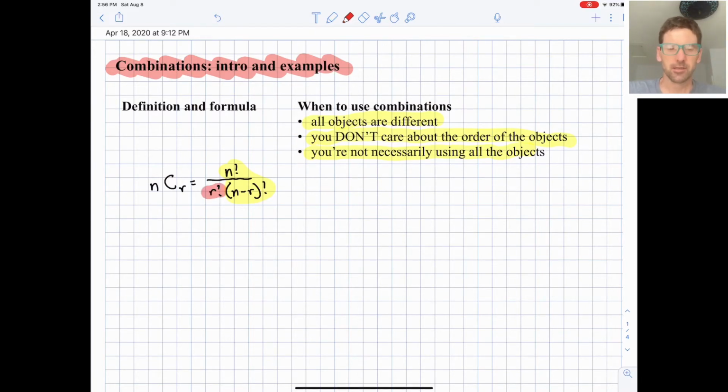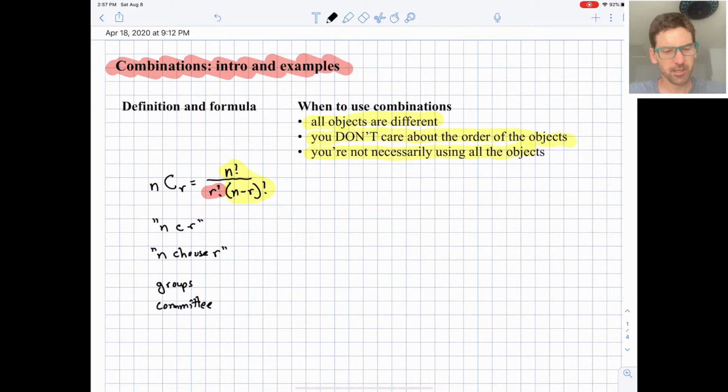Okay, so we'll do a quick example in a second, but let me explain some terminology here. So this could be read as NCR. It could be read as N choose R. But in the world of combinations, you're really looking for groups, committees is another kind of a key word here.